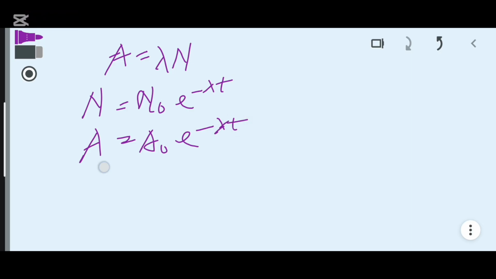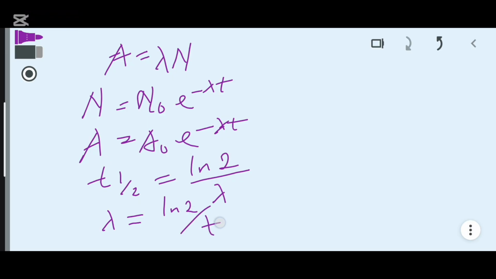The half-life of a radioactive decay equals ln 2 divided by the decay constant. And also, our decay constant equals ln 2 divided by the half-life. So these are the formulas for radioactive calculations. If you want to calculate anything in radioactivity, you must know how to use these formulas.